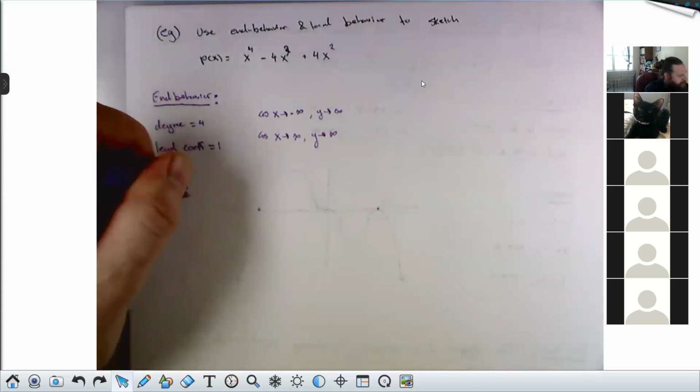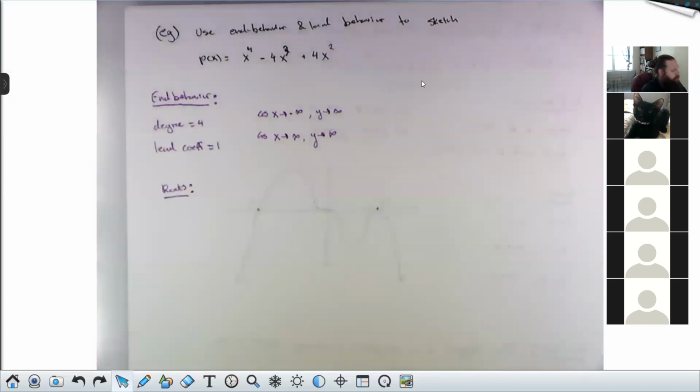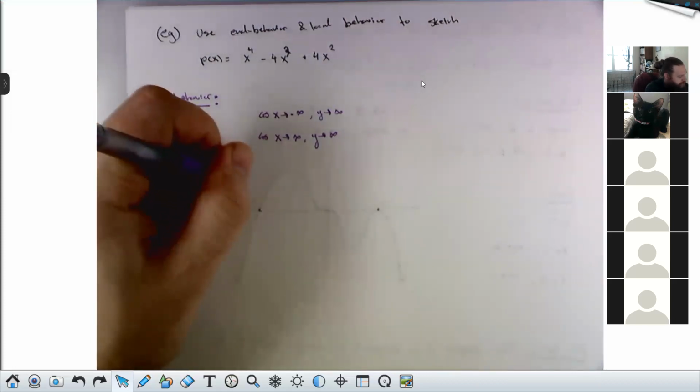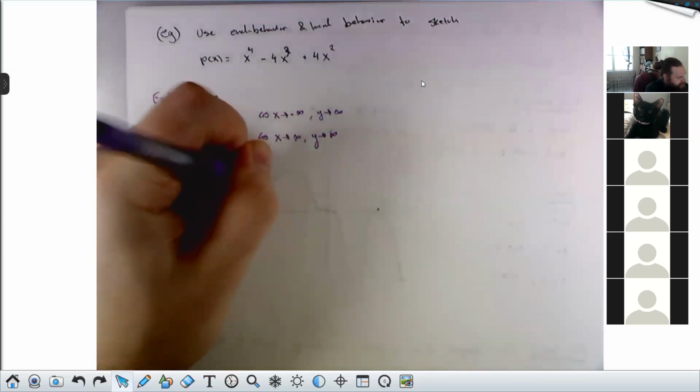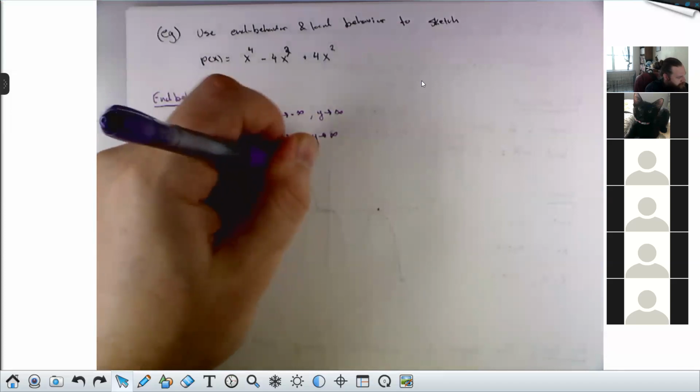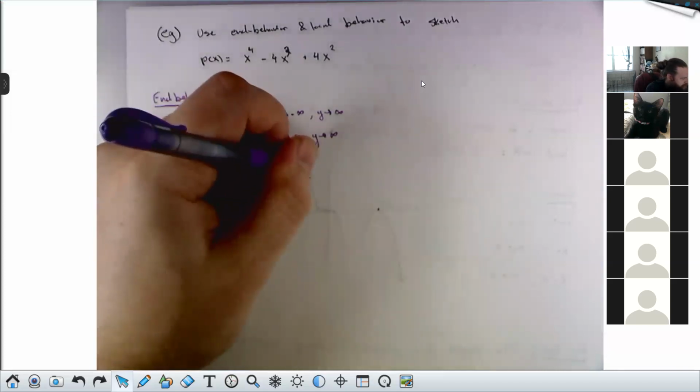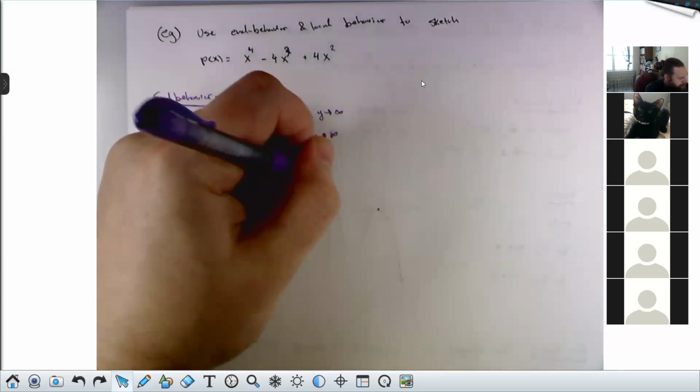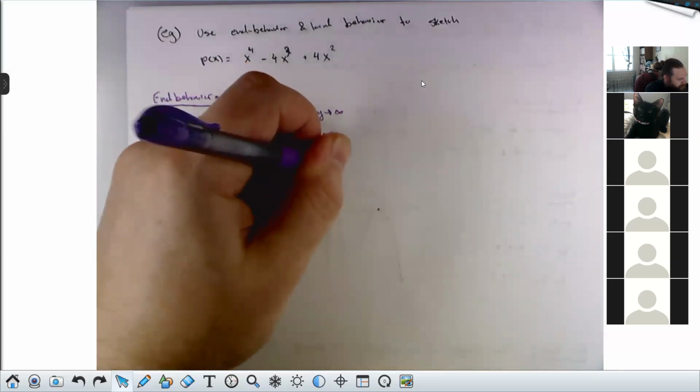The other thing I need is the roots, right? And all the information around the roots. In order to find those, I need to factor this thing. So I've got x to the 4 minus 4x cubed plus 4x squared.